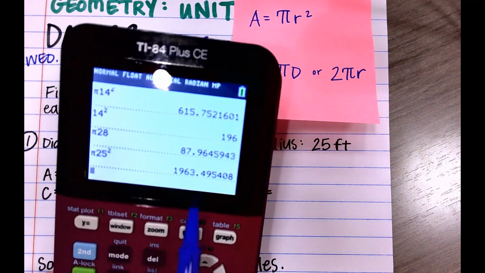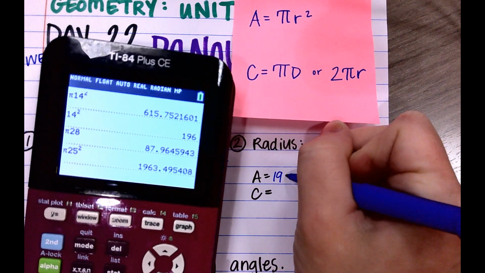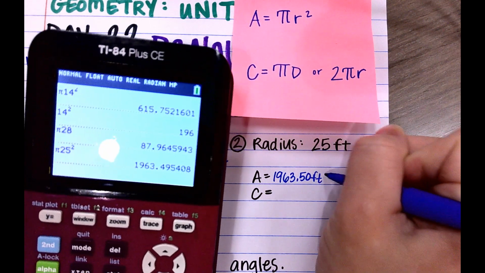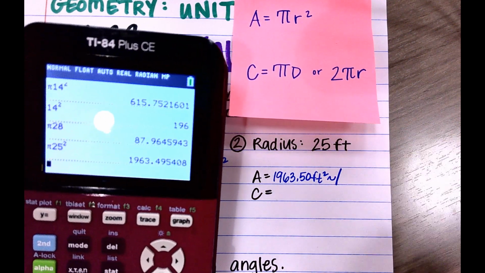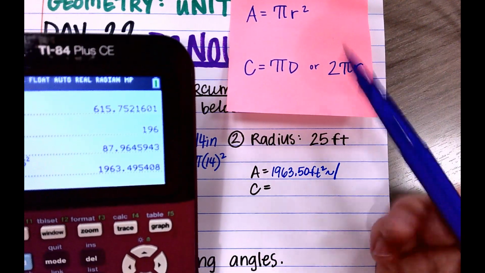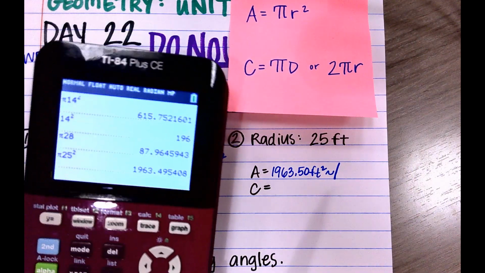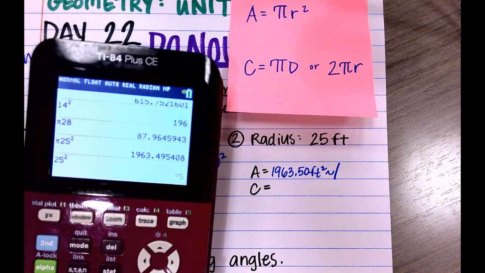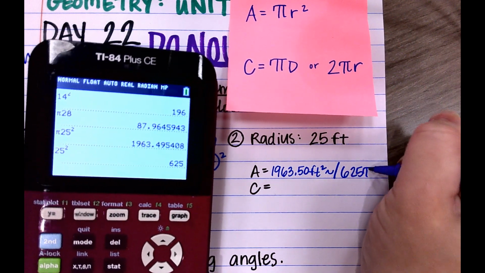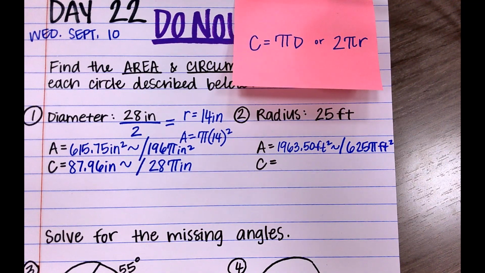I would round this to 1963.50 square feet this time, approximately. And then for exact, we'll take radius squared. That's 25 squared. We just won't include pi. So 625 pi feet squared. There we go.